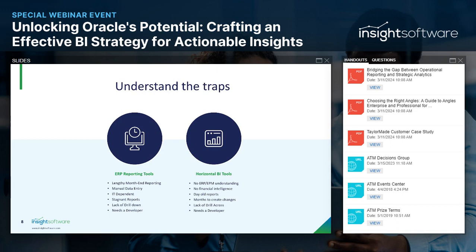Or perhaps you're using your horizontal BI tools that we just talked about, your Gen 3 BI tools like Tableau, Power BI, and so forth, and you're connecting them directly to your Oracle ERP. Well, the problem there is that they don't understand the ERP or EPM data structures out of the box.